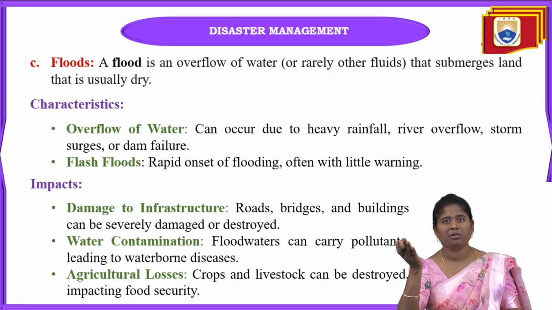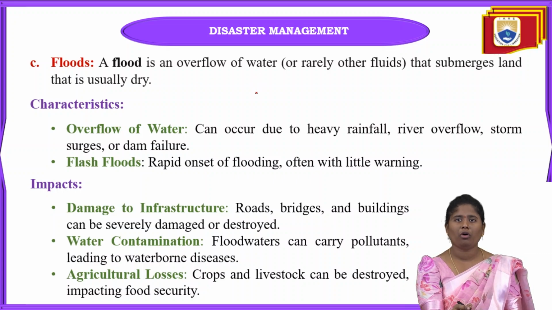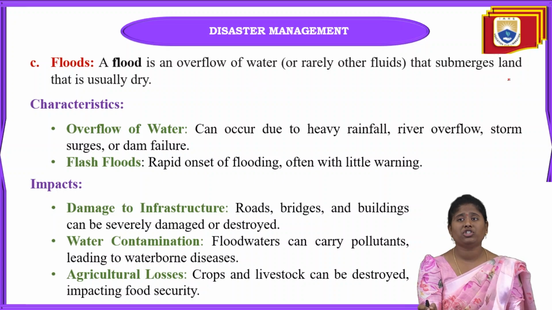That is what happens when floods occur. And due to these floods, we see very great destruction of biological life and also overall human life and animal life. It is nothing but the overflow of water that submerges land that is usually dry.